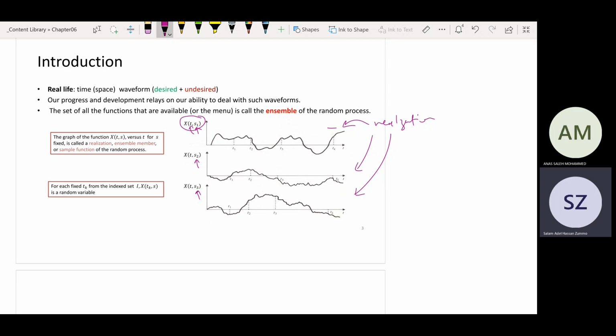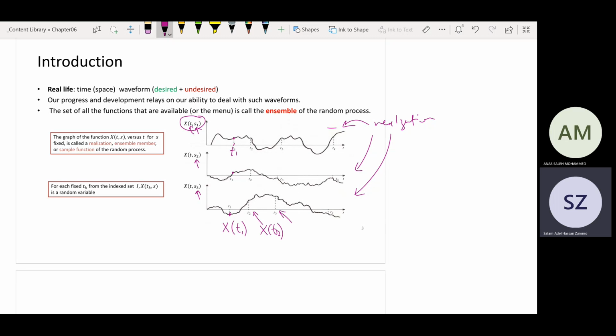Now, if I look at the random process at this specific time, T1, I see a number here, a number here, a third number here, and so on. We call this x of T1. It's a random variable that is happening at T1. At T2, we get x of T2.